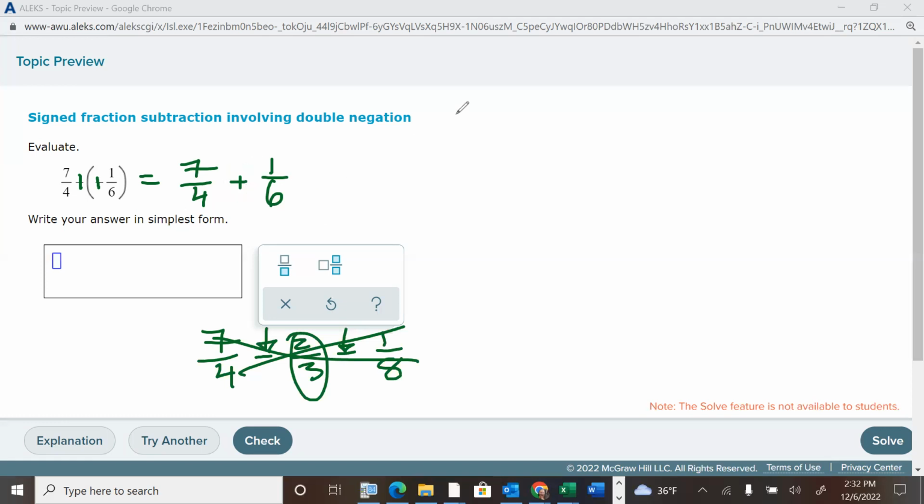We can say, all right, the LCD is going to be 12. That's the smallest number 6 and 4 both divide into.